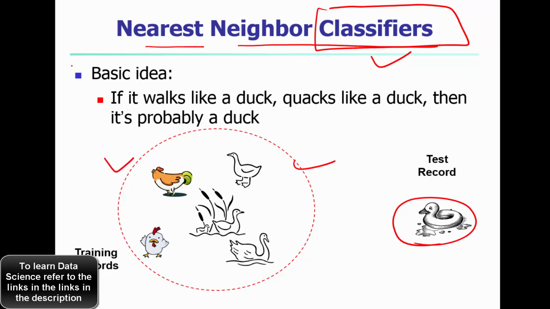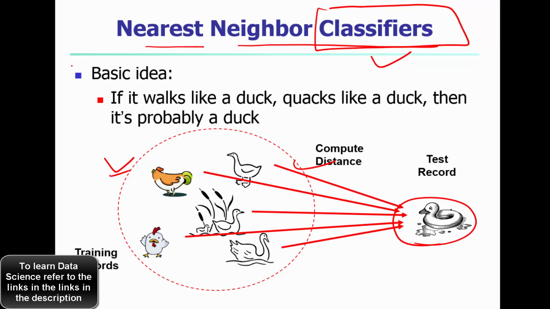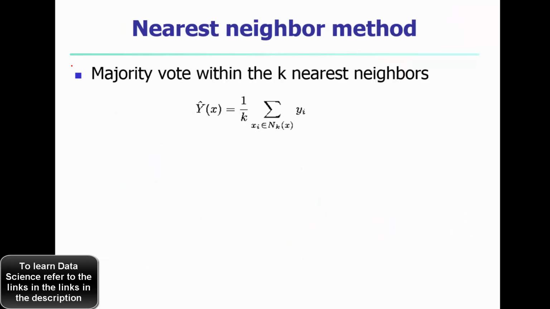So this is a given training set, and all we need to do is compute distance, and you will find the one that has the least distance in terms of the attributes of this bird, and we will match that to this given one. So this is a test record, and we are trying to match it to one record from the training set.